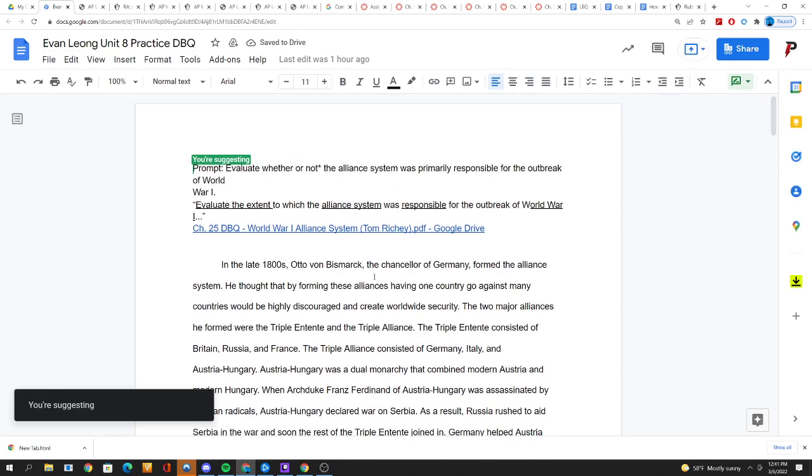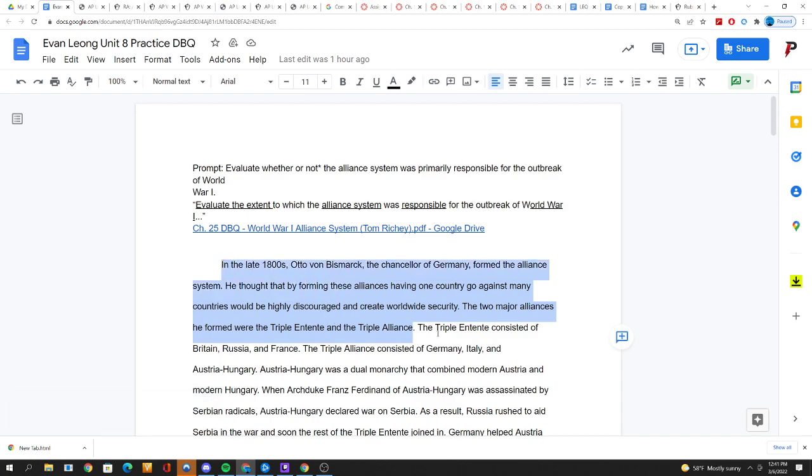It's about an alliance system in the late 1800s, and this person basically did a perfect example of this. You can read from here, but it explains the causes, and if you want to read from here, pause the video. This explains a very good reasoning, right? What were the causes of an alliance system, and what the alliance system consisted of? That's really, really good in context of the prompt.